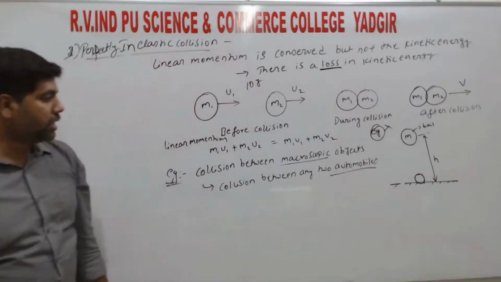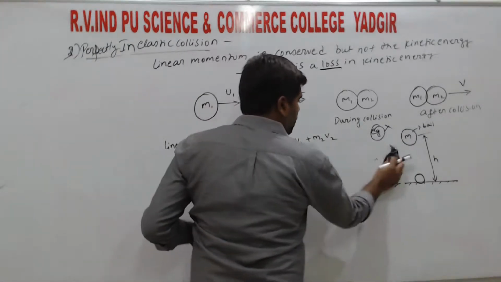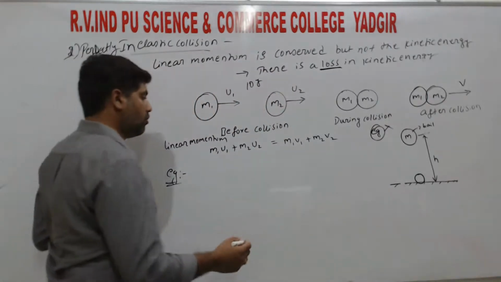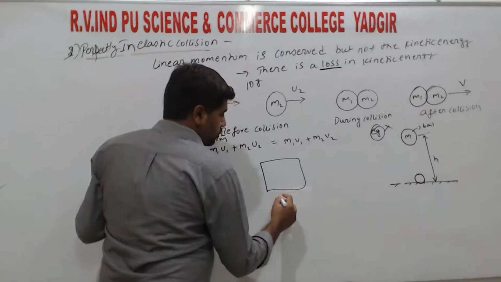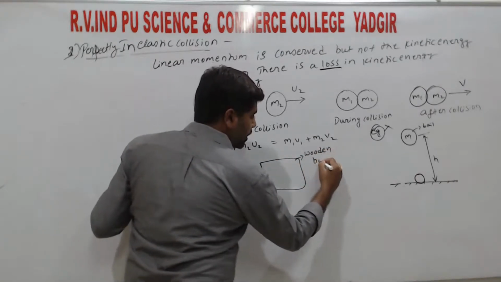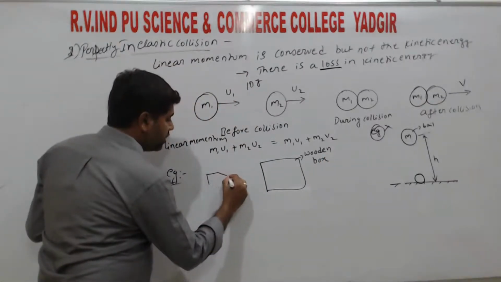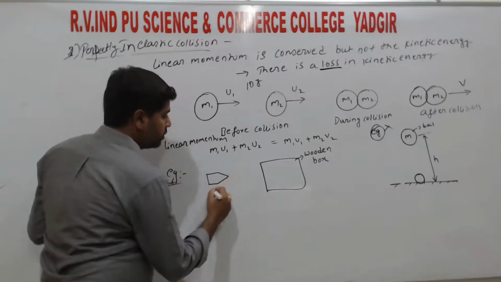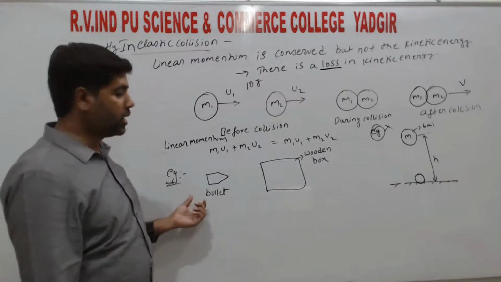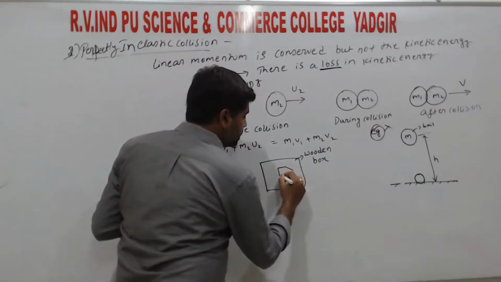The main example to consider is when a bullet strikes a wooden plank or wooden box. When the wooden block is struck by a bullet, after the bullet is fired it strikes the wooden plank and is embedded inside the wooden plank.